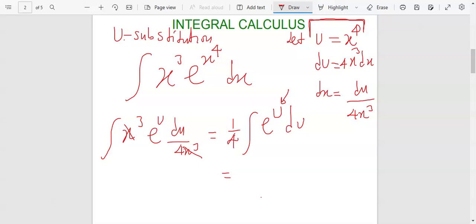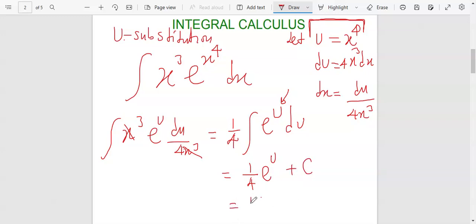Yes, you get a 1. So here you are also differentiating u with respect to u, meaning that you are going to get a 1. So if you integrate e to the power u, the answer will be e to the power u itself. So that will be 1 over 4 e to the power u, and then just add the constant c.